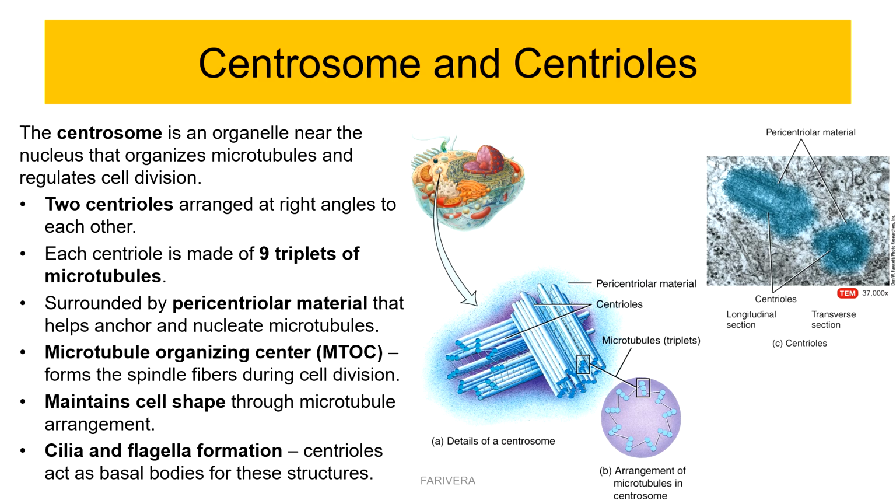This becomes particularly important when a cell prepares to divide. The centrosome also contributes to cell shape and to the formation of structures such as cilia and flagella. Keep this structure in mind because we will be encountering this in the mitotic spindle again when discussing mitosis.